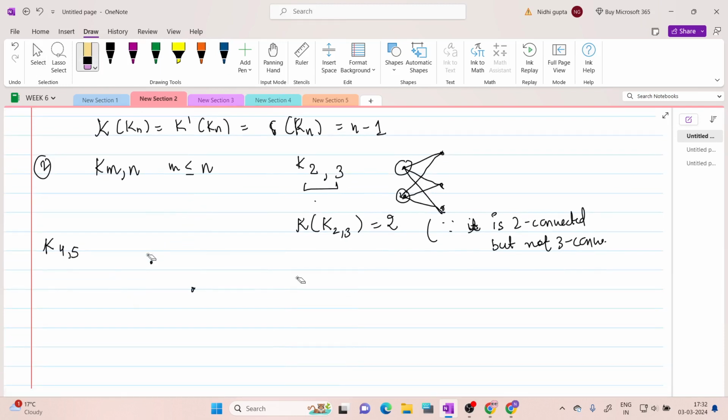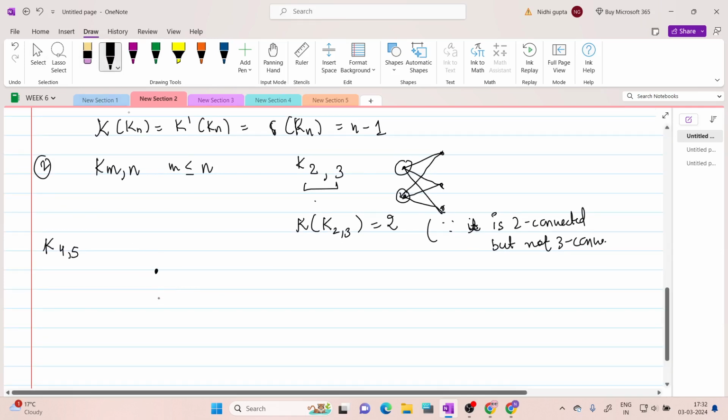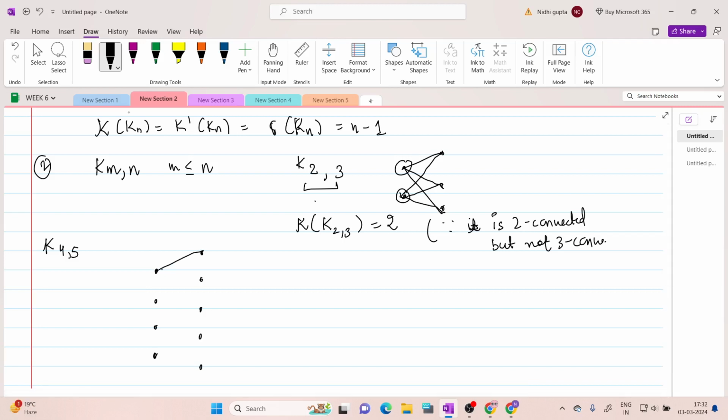Because one side has four nodes and the other side has five nodes, and this is a complete bipartite graph. So the minimum of 4 and 5 is 4. That is why 4 is the connectivity.